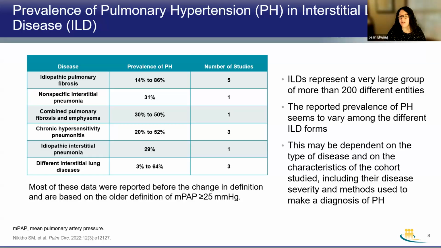And that was also seen in the hypersensitivity pneumonitis group. So this is not a rare problem, but we're not identifying it as frequently as we should. And these studies use the old definition of pulmonary hypertension with that mean of 25 or greater. So there are patients that were not even included that would be included now in our current definitions.